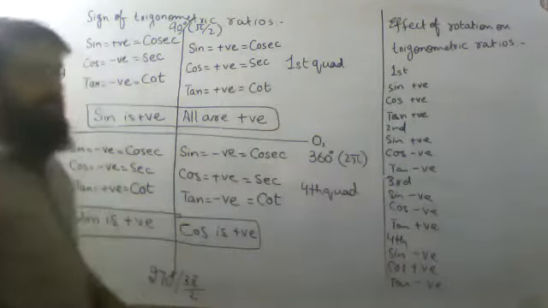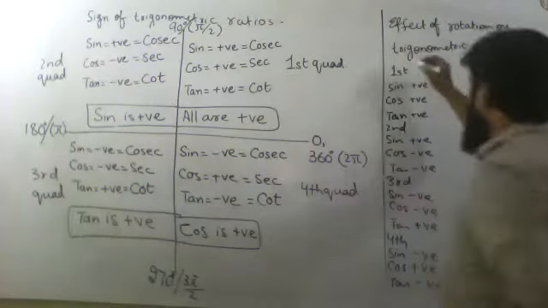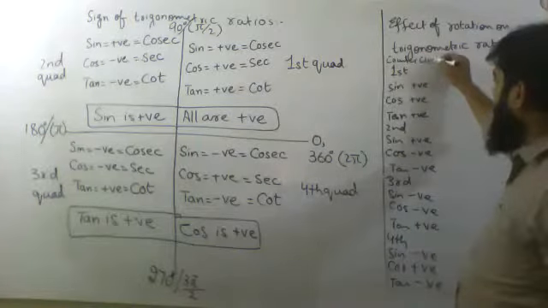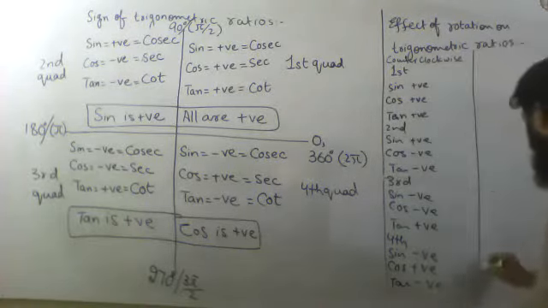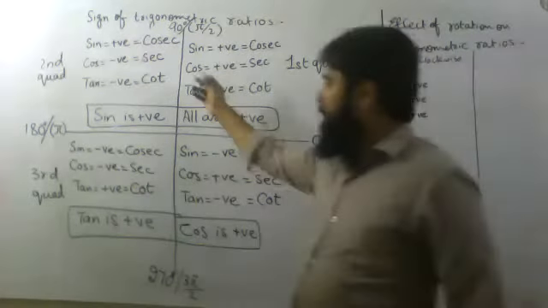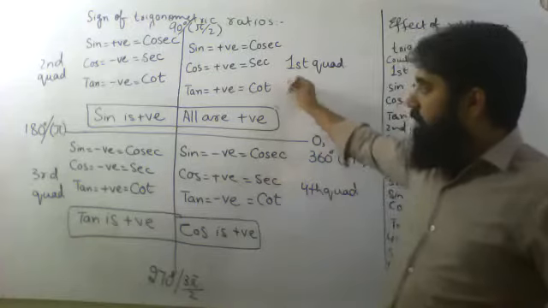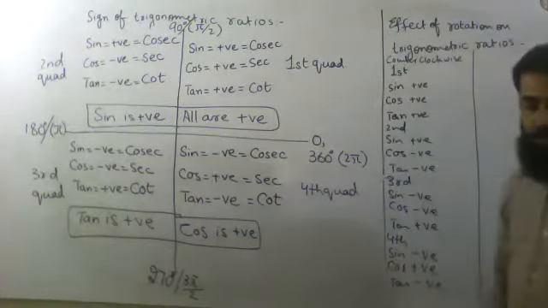This is the relation right now which I have got, and I have written it over here when I am doing counterclockwise movement. Counterclockwise movement or anti-clockwise movement when I am going in this direction, starting from 0. So this is my first quadrant, second quadrant, third quadrant, and fourth quadrant.